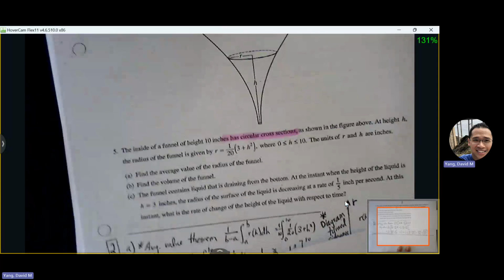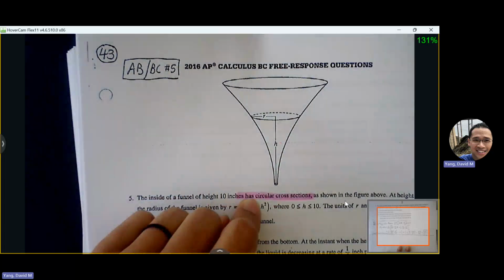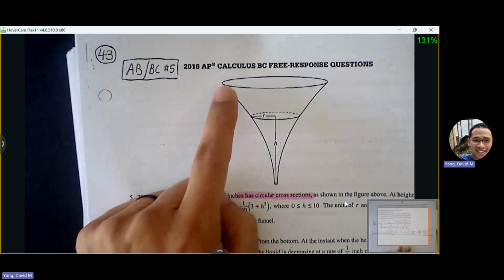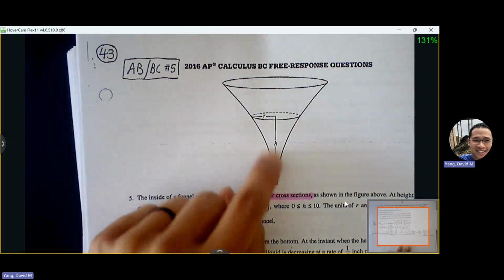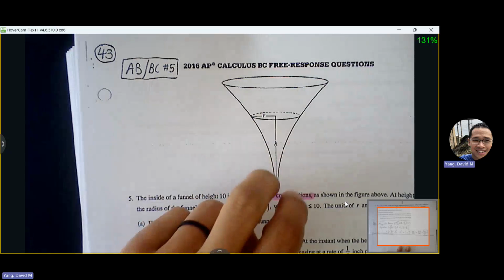That's a really tough one. Some students after this year's test were saying they tried to do the volume of a cone with similar triangles, but this isn't quite a cone. That curve is not a cone. So similar triangles and a cone don't work.